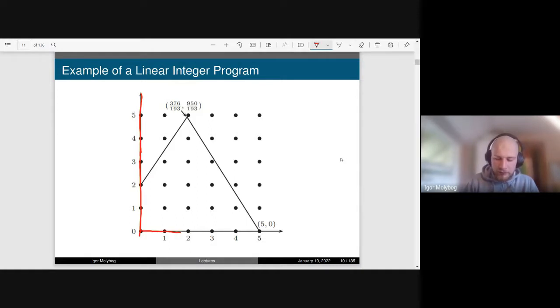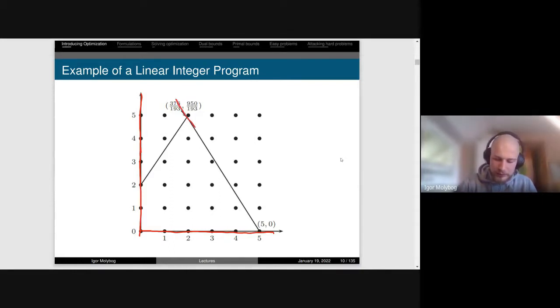Everything above the line x2 greater than or equal than 0 is going to be in our set. So only points above this line are going to lie in our set.